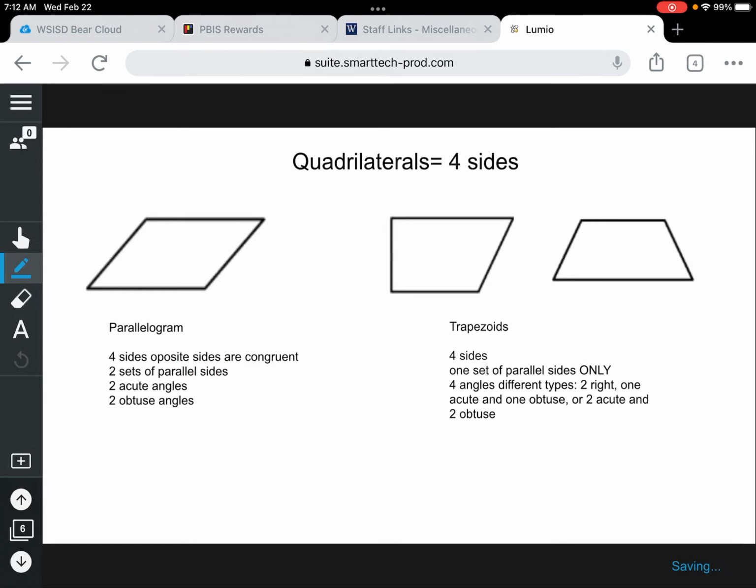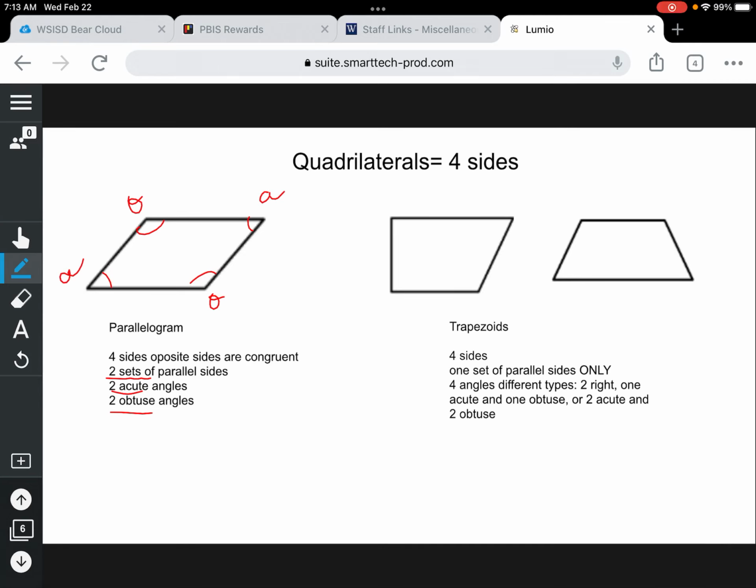Other important quadrilaterals, the parallelogram. It has two sets of parallel sides, but different than the square and the rectangle, they have two acute and two obtuse angles. Obviously, these are the obtuse angles, and these are the acute angles. So it's important to recognize those.